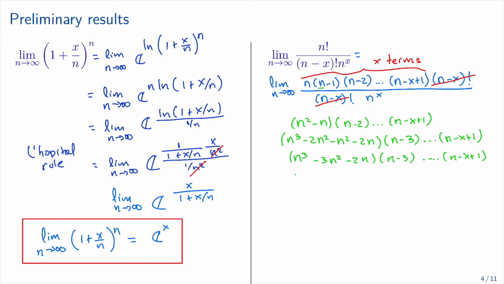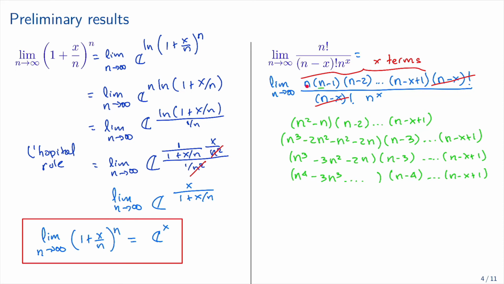So that will be n to the 4 plus or minus 3n cubed, and then I have to multiply this by all these terms. So I have to keep going, and then I'll multiply by n minus 4 up to n minus x plus 1. So what we can see is that every time I expand it with a new term, the exponent is growing. So it will grow depending on how many times we have to multiply.